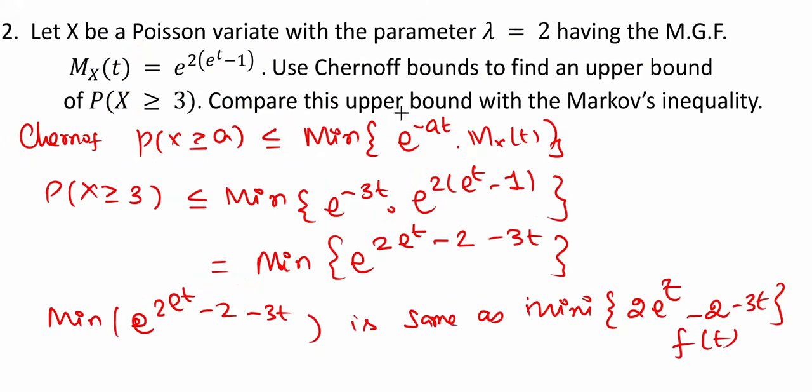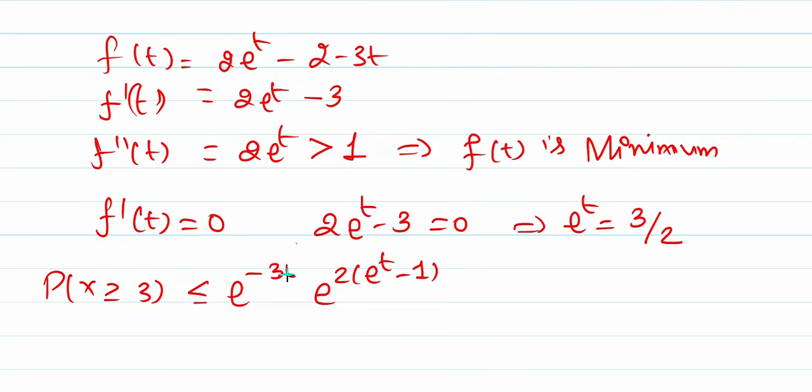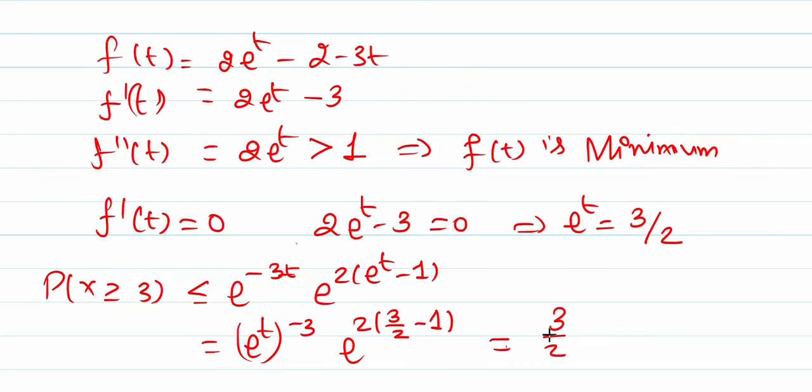So this is the value which we have. So let us take this as e power t the whole power minus 3, e to the power of 2, and this e power t can now be replaced with 3 by 2 minus 1. Now this gets replaced as 3 by 2 whole power minus 3, e to the power of, this makes it as 2 and 2 cancels off.